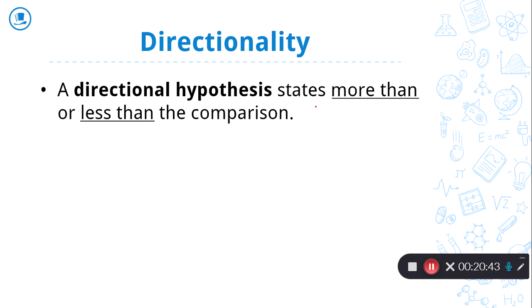So mathematically, logically, we represent these with more than as a greater than, and less than as a less than. We might think that marijuana smokers score better than average, or we might want to see if they scored less than average. So if there's some kind of wording like that in the problem, it's a directional hypothesis.